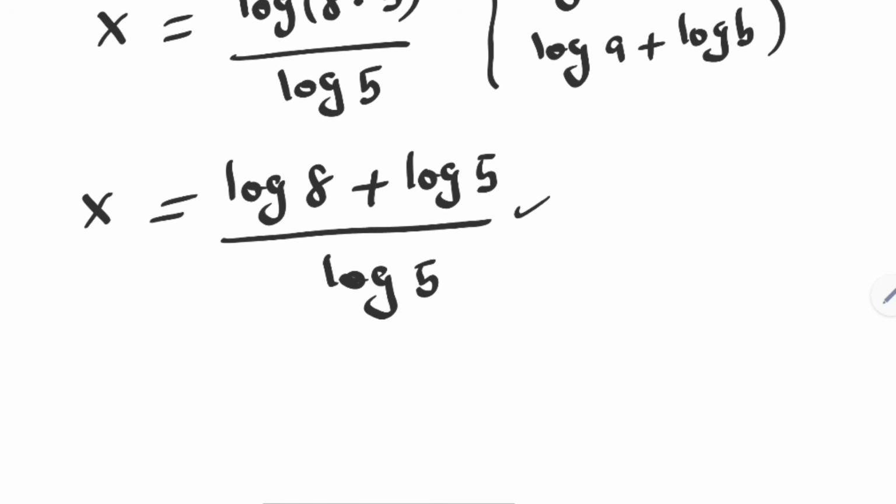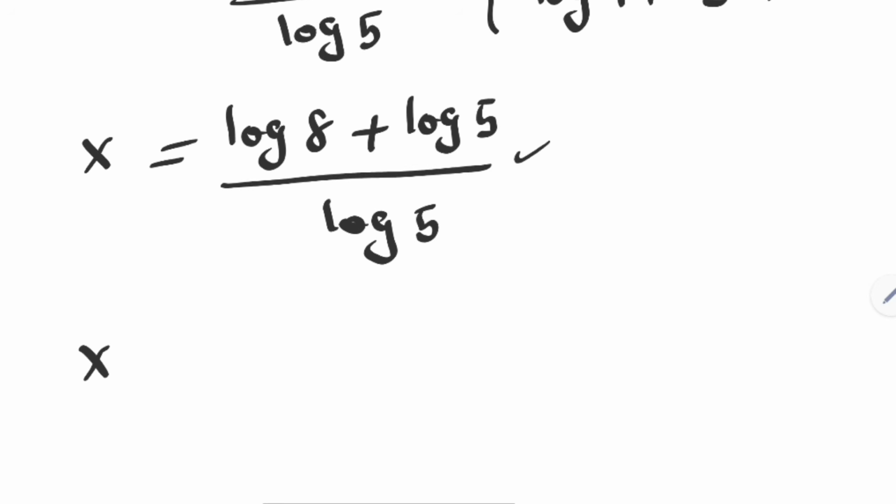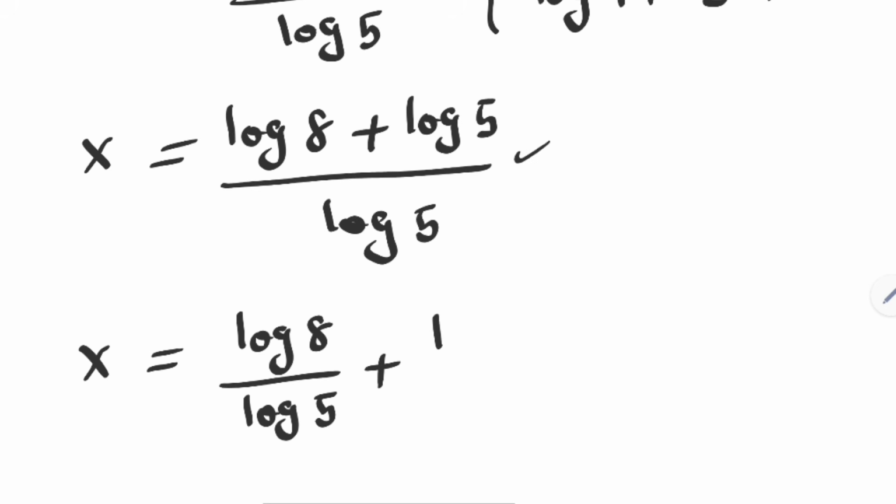Let us split this. X is equal to log 8 divided by log 5 plus log 5 divided by log 5. This log 5 cancels this log 5.